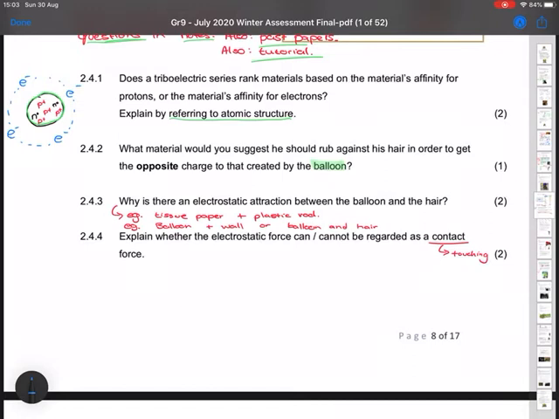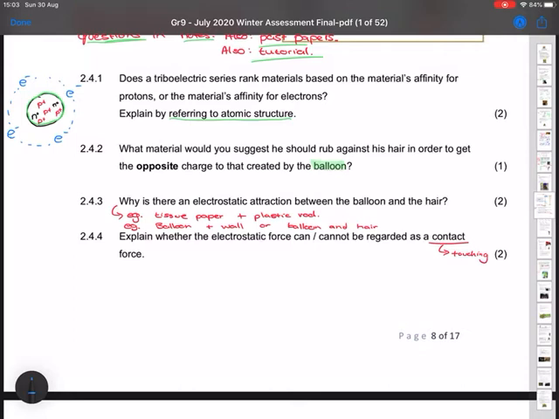Okay, question 2.4.3, why is there an electrostatic attraction between the balloon and the hair? Well, the balloon gained electrons from the hair. I did show you that. So the balloon gained electrons from the hair, and therefore if the balloon gained electrons, it would become negatively charged. If the balloon gained electrons from the hair, then that means that the hair must have lost electrons to the balloon.